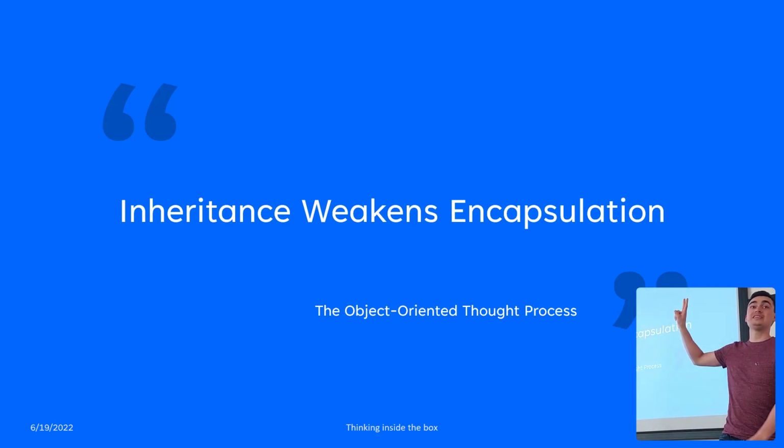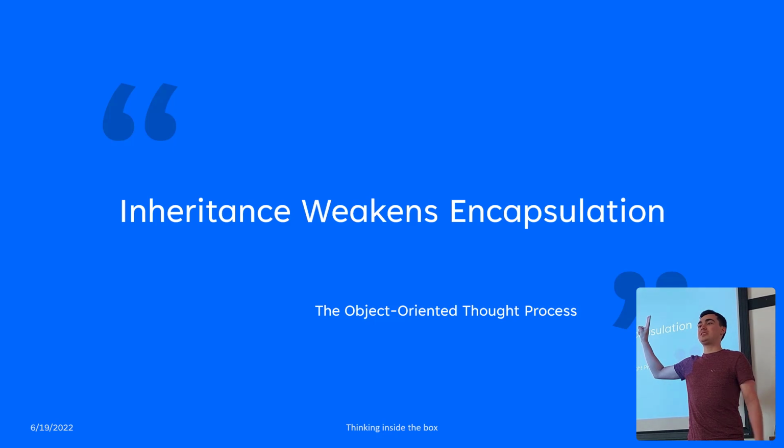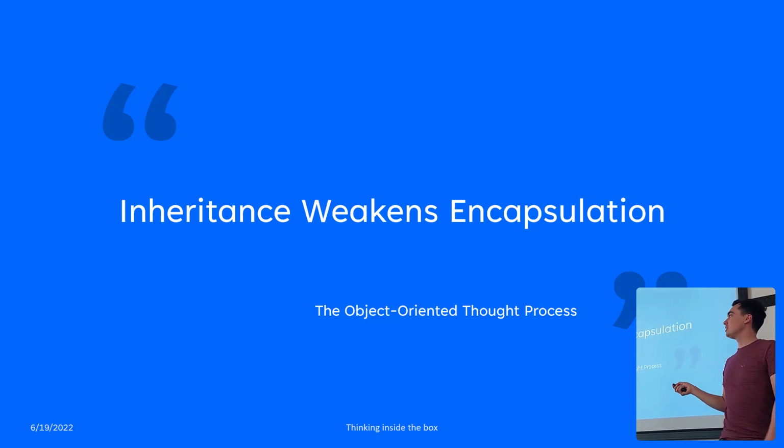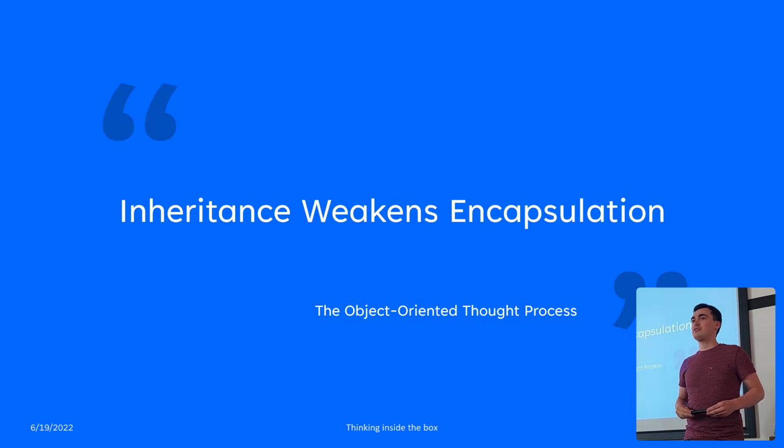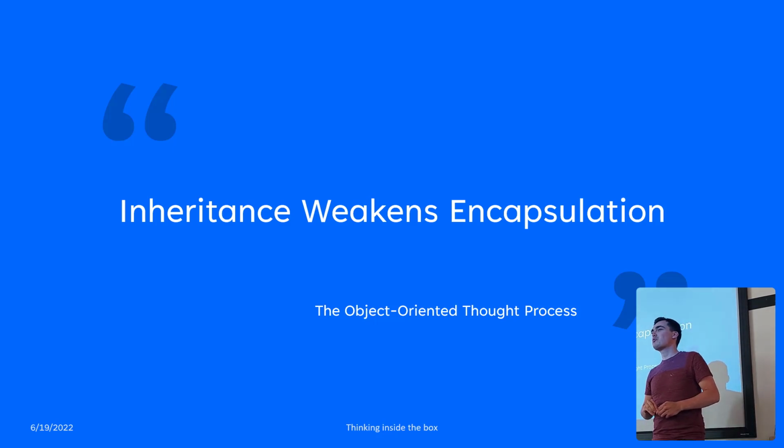There are 2 more pillars. Can someone tell me what those pillars are? Abstraction? Possibly, I say abstraction comes under inheritance. Any other thoughts? Reusability? Almost. You're working your way up to a pair of sunglasses. With no protection. There's no protection.